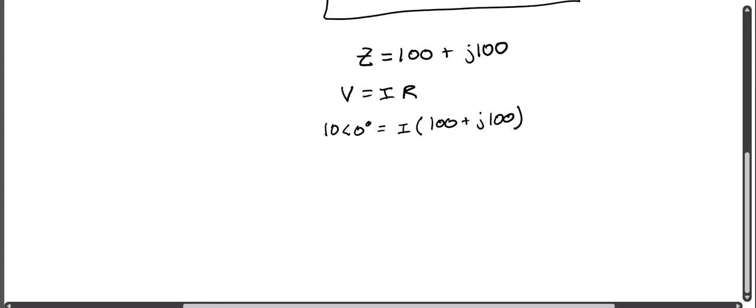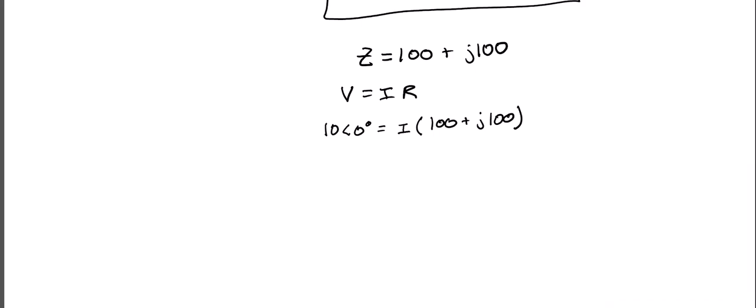Yes, but you can divide with rectangular or phasors. It's easier to divide with phasors, but it's easier to add and subtract with rectangular. But with a calculator that does complex, it doesn't matter. It can do both of them, and you can mix them up. So I don't really have to change this if I don't want to. I'm going to just to show you how.